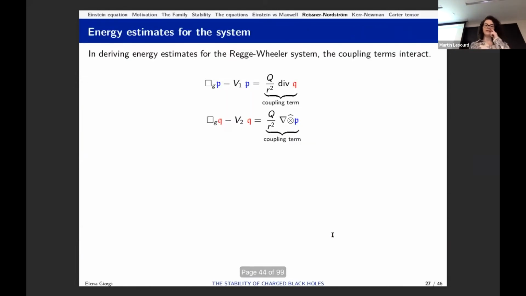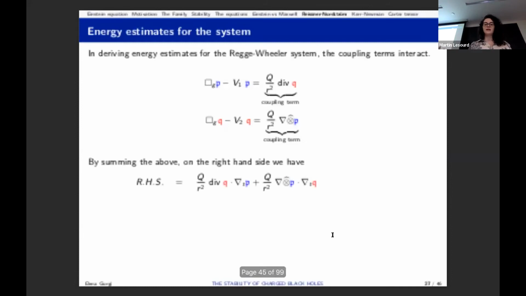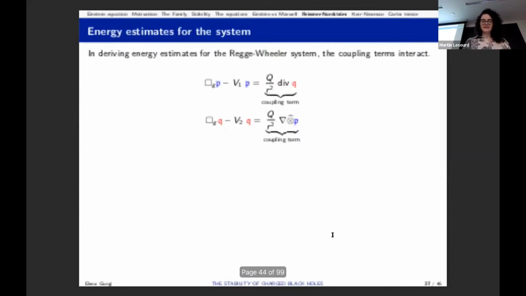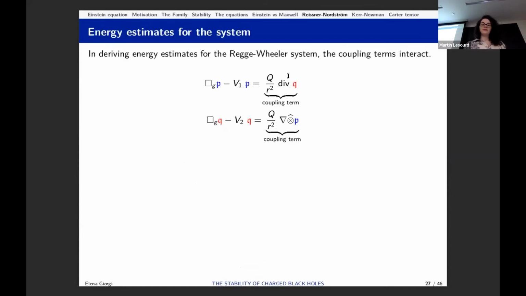And why is this of any help? Well, because if you want to derive energy estimates for this system, you have these coupling terms which interact. So of course you will not be able to close an energy estimate for one of these equations. So let's say you want to multiply the first one by nabla t, and then integrate by parts, right?